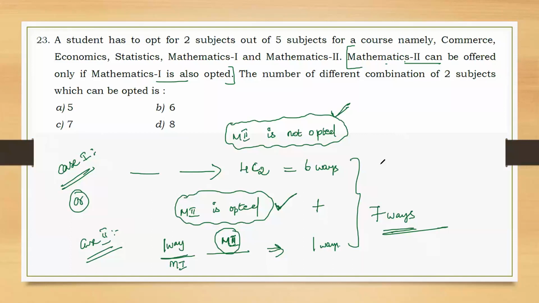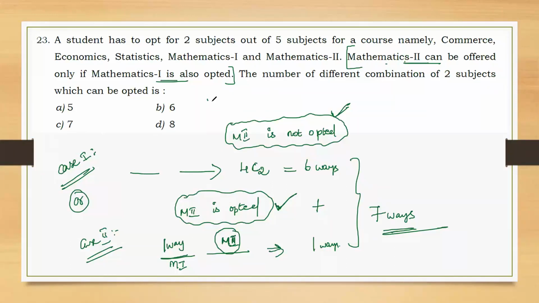Yes, Aishu, what's the doubt? If M2 is not opted, then the total subjects will not become 4. Actually, the condition is if you want M2, you must select M1.